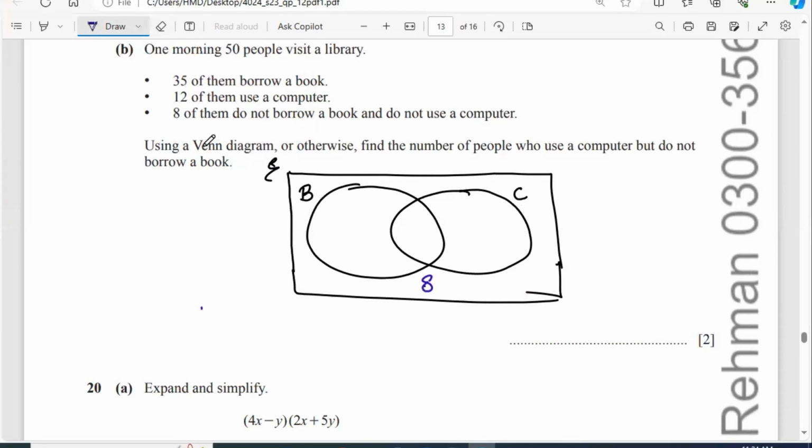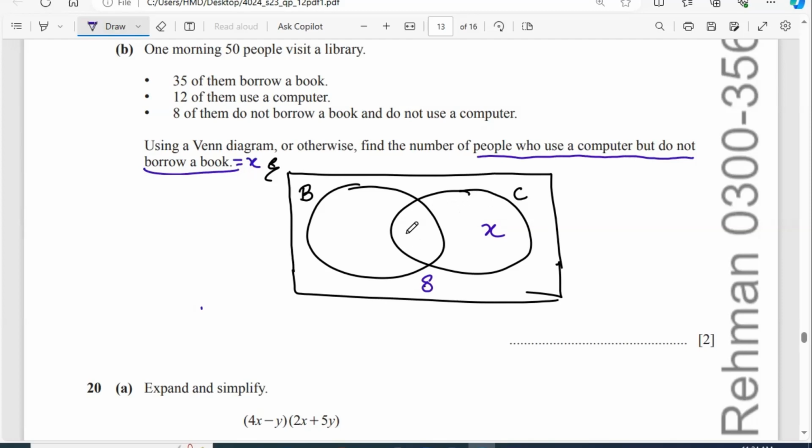Now, use a Venn diagram, find the number of people who use a computer but do not borrow a book. This is the region. Let's suppose this is X. X is the number of people who use a computer but do not borrow a book.